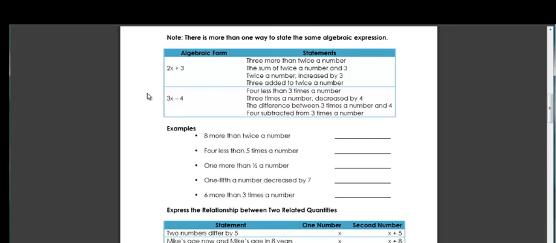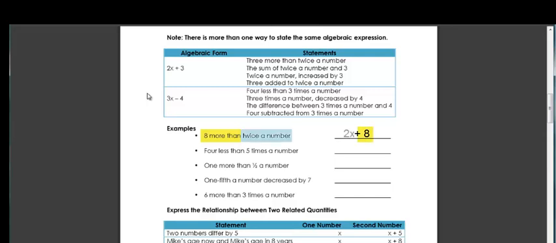Okay, and we're going to do some examples. So let's look at example 1. It says 8 more than twice a number. So if you're looking at the 8 more part, that's going to be addition. And then 8 more than what? Twice a number.